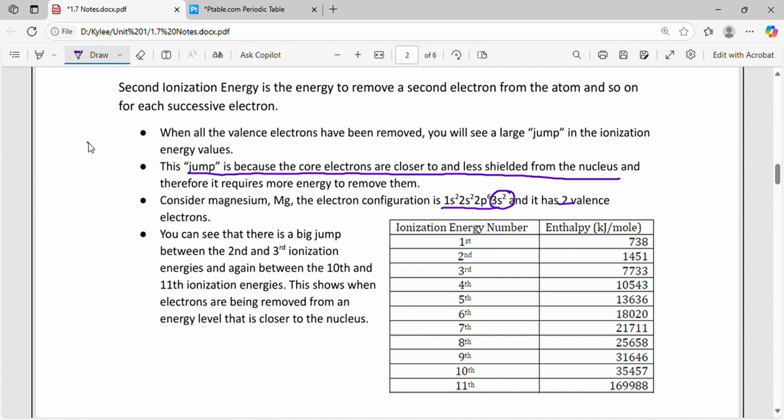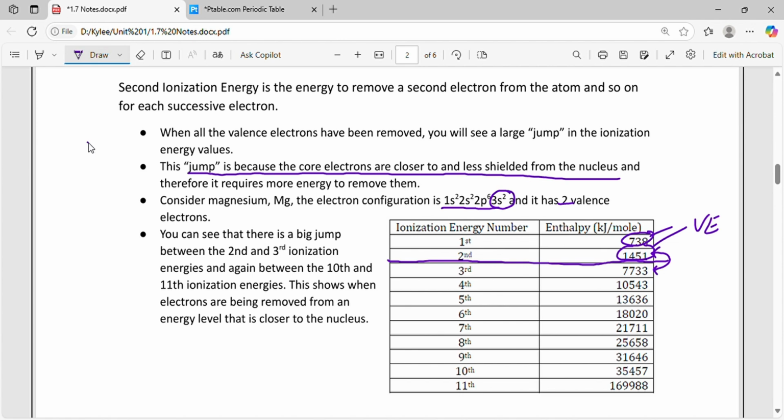But then once we get to the third electron being taken away, notice that we have a huge jump. It went from 1,451 to 7,733. And that's because these first 2 electrons that get lost, that only take 738 and 1451, those are valence electrons. What do we know about the valence electrons?